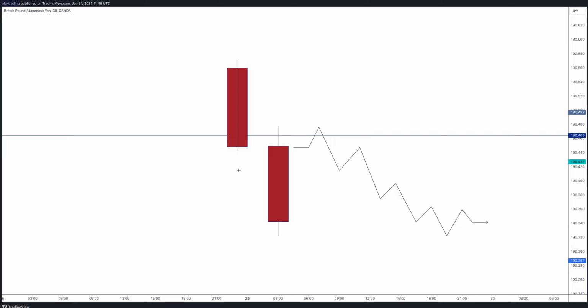One big 4-hour candle which closes bearish like this will have a wick to the upside 9 times out of 10, or 99 times out of 100, and it will have a wick to the downside 99 times out of 100. Now when you're looking at that on a 4-hour, it's quite calm and you don't panic. There's nothing really to worry about too much.